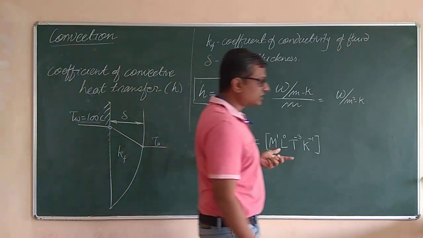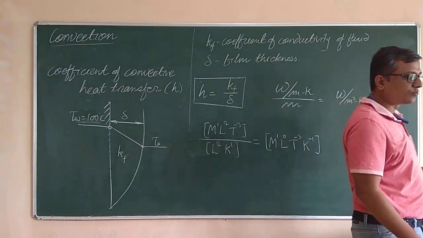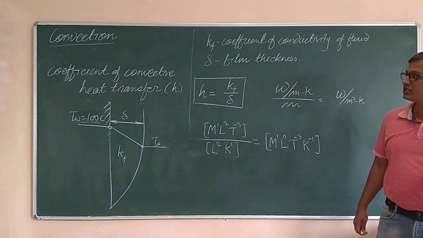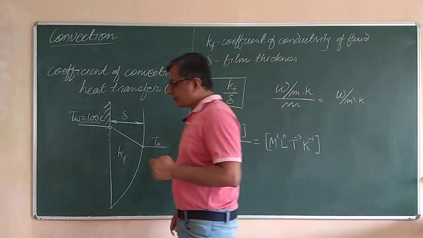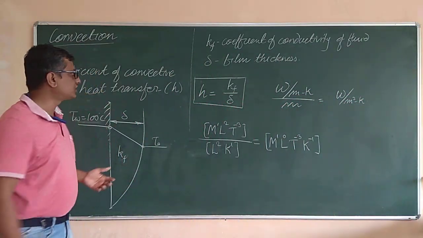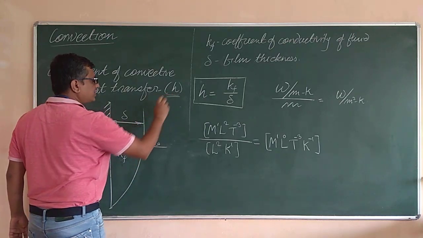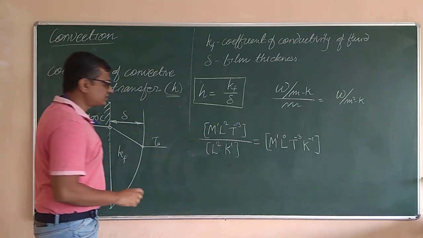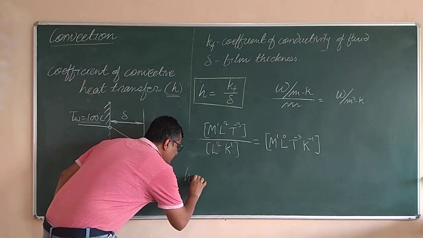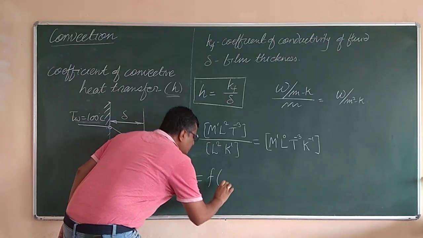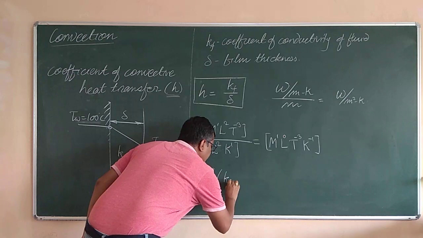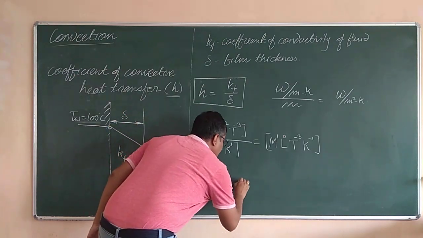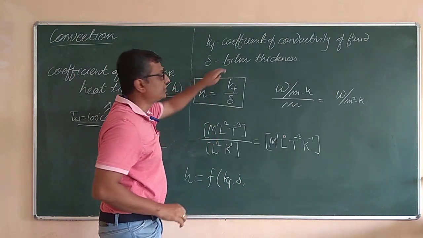Now what is the role of this convective heat transfer coefficient h, small h, that we will see in the next topic, that is Newton's law of cooling. Wherever there is convective heat transfer, you will find the term h there, and it plays a very important role. By the way, this h is a function of many parameters. Obviously it is a function of the thermal conductivity of the fluid. It is a function of delta, the film thickness.